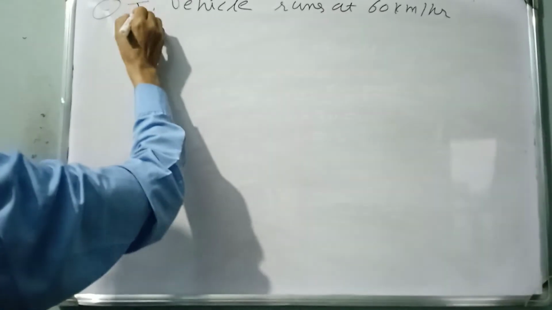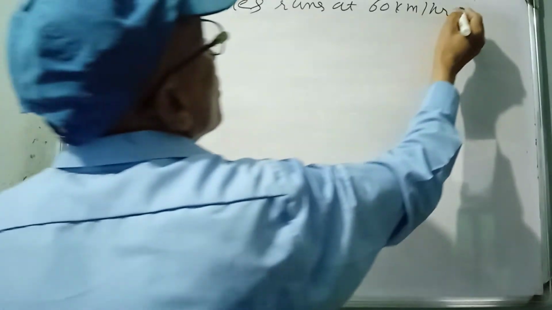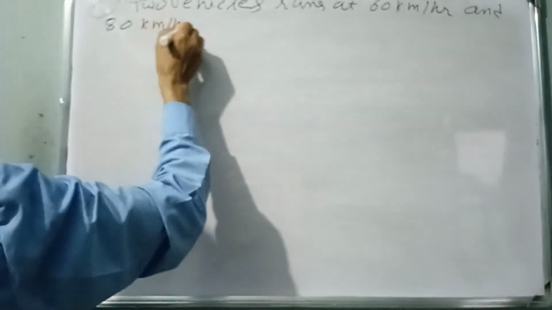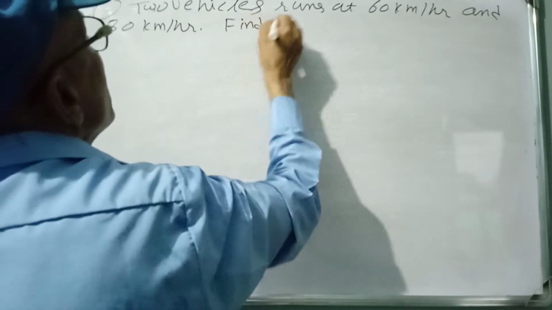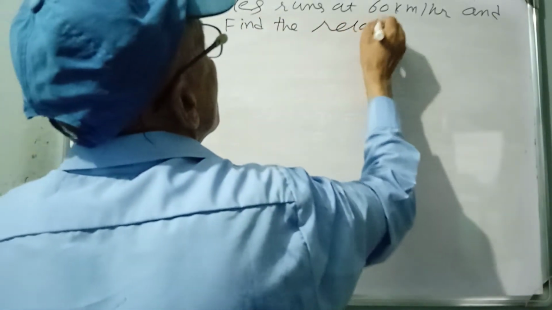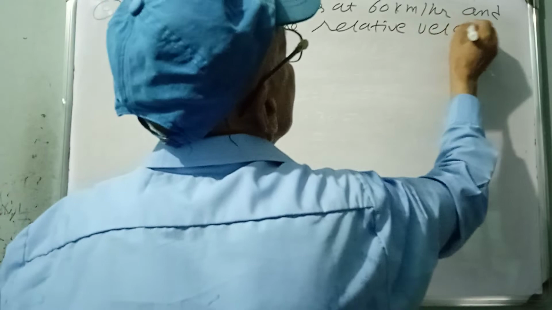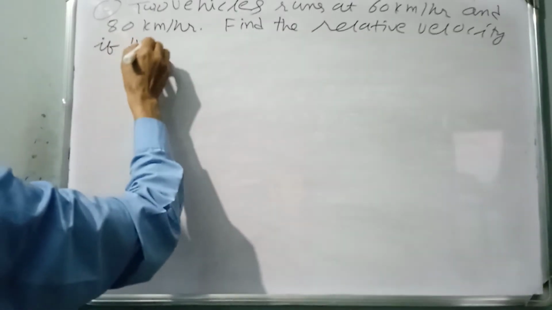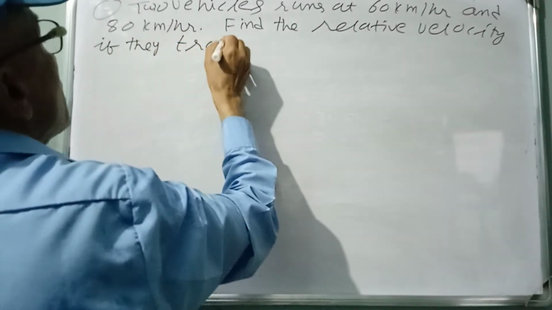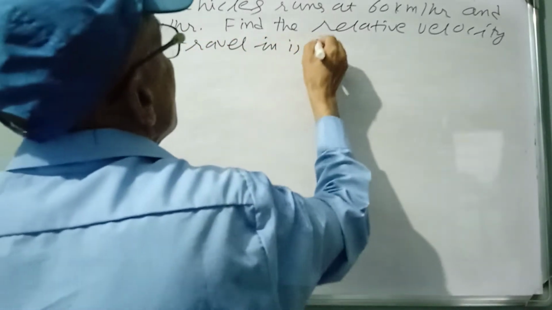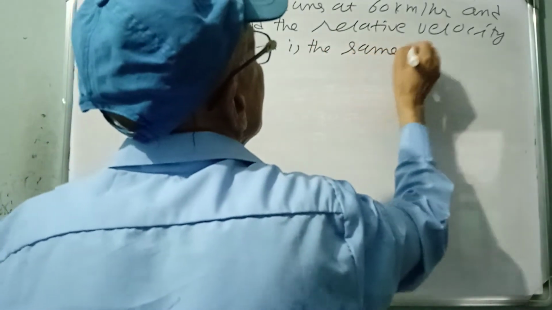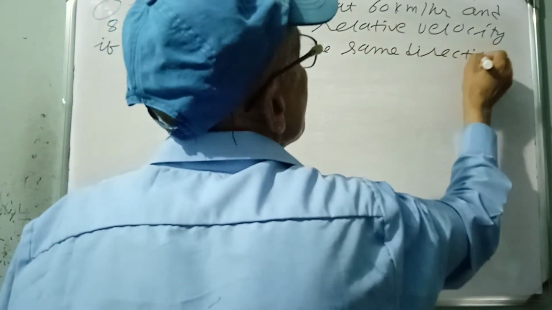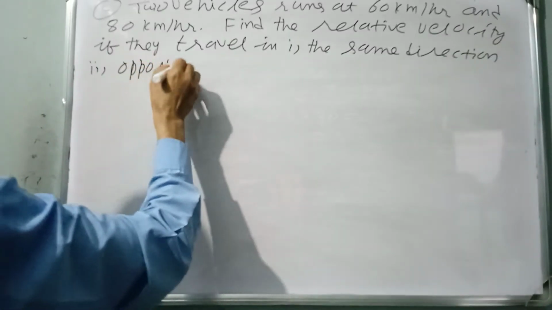You can write it, two vehicles run at 60 km per hour and 80 km per hour. Find the relative velocity if they travel in the same direction. Number 1 is same direction. Number 2 is opposite directions.